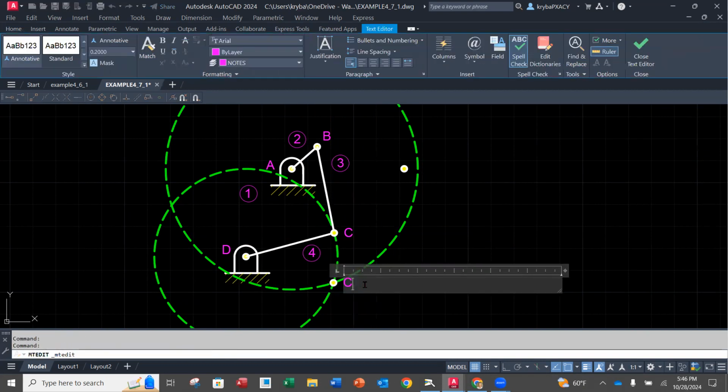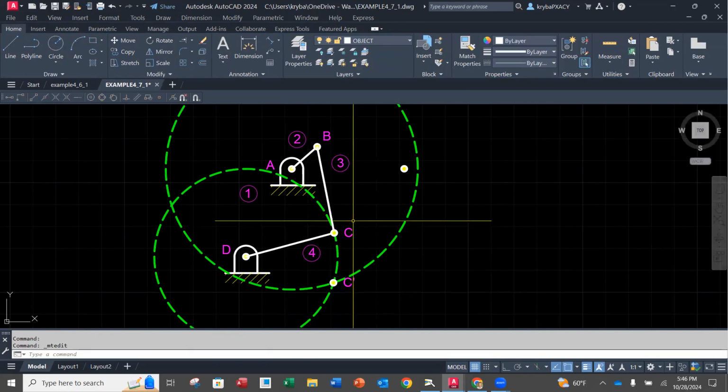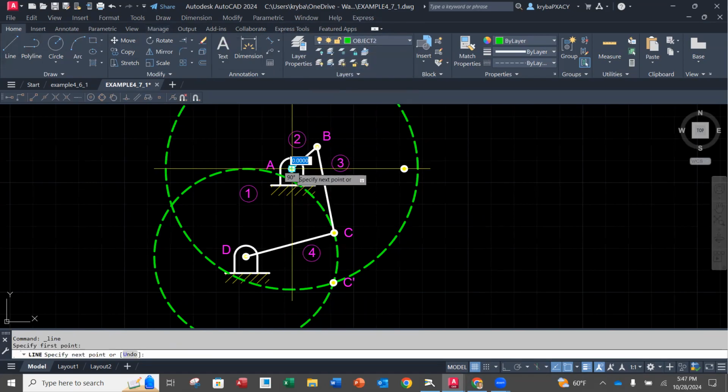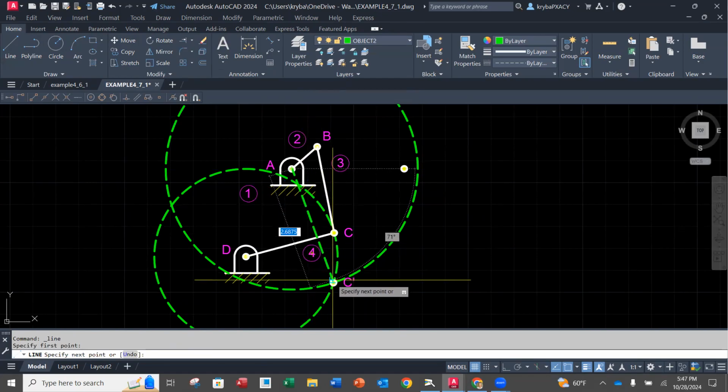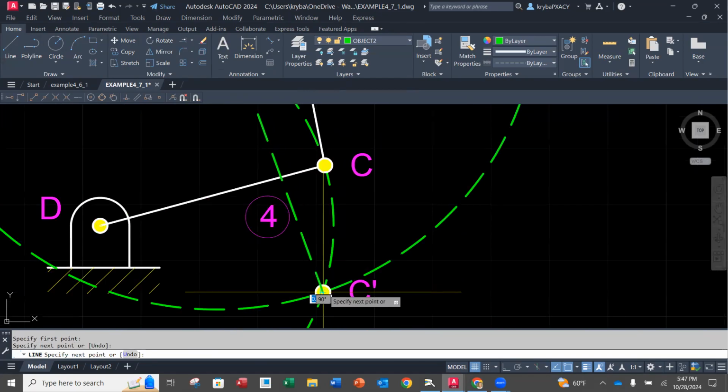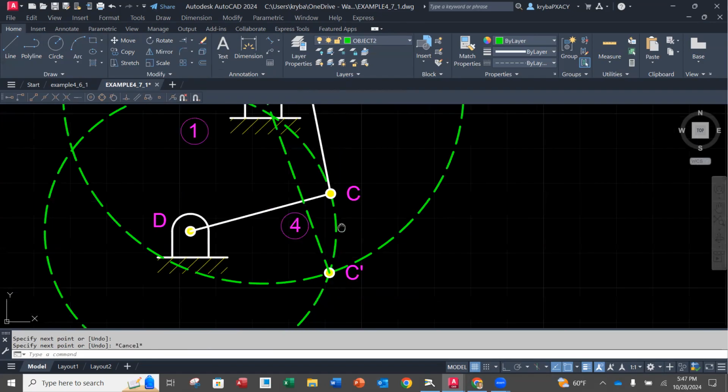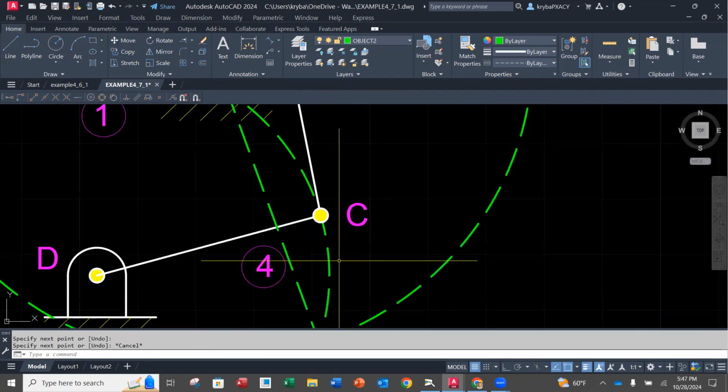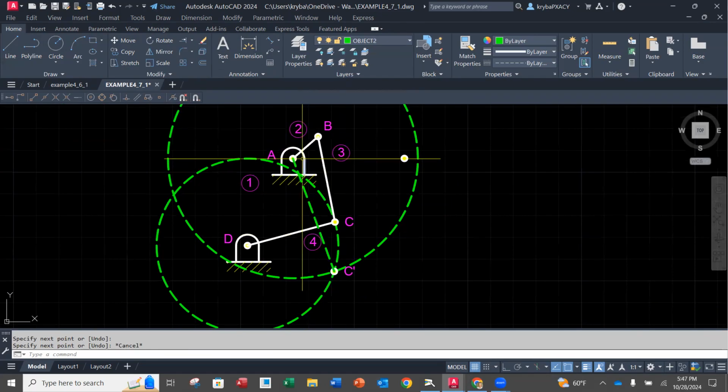I'm going to double click that, and that is going to be C prime. And then we are going to draw a line from A all the way down to C, and that is going to represent the length of link 2 plus link 3.